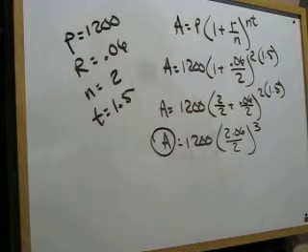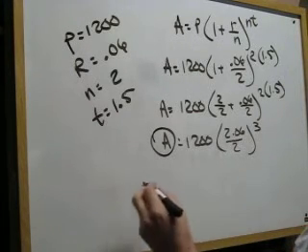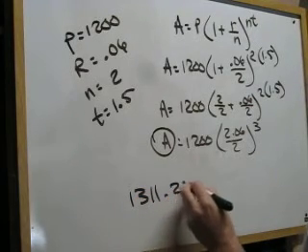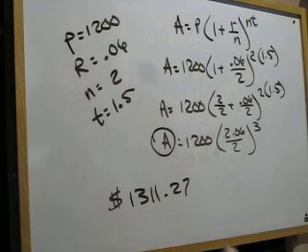So I end up with, in this book, an answer of 1311.27 is the total amount that I'll end up having in that account.